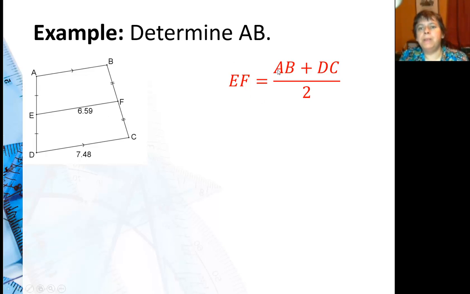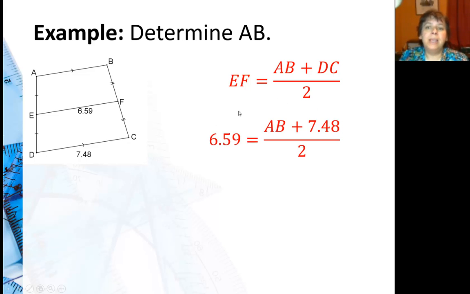The midsegment is the sum of the two bases divided by 2. Okay, so now remember you need to be able to substitute into the left side of the formula just as much as the right. EF is 6.59. I'm going to leave AB there because I don't know what it is. And DC is 7.48. Now to make my life easier, I'm going to multiply both sides by 2 so I don't have this denominator bothering me.